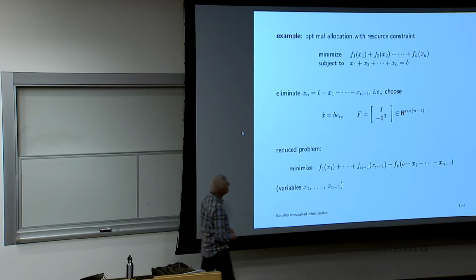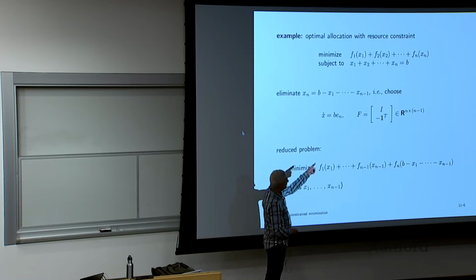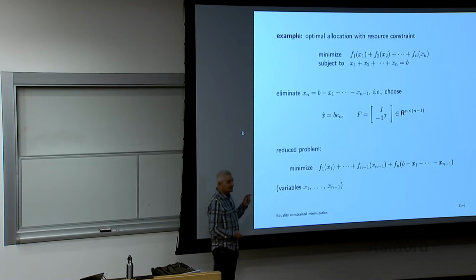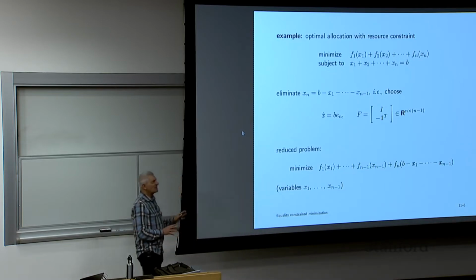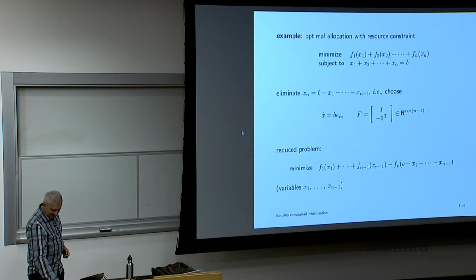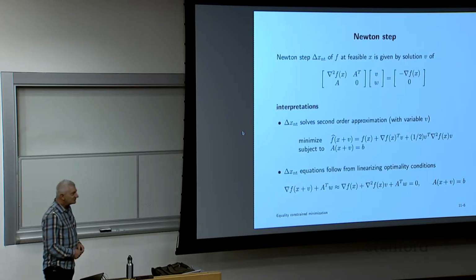In fact, you can sort of see that here. With this one, the F is an I stacked on top of a minus 1's. Here's the minus 1's, and here's the I. That's n minus 1 by n minus 1, yeah. Okay, cool.